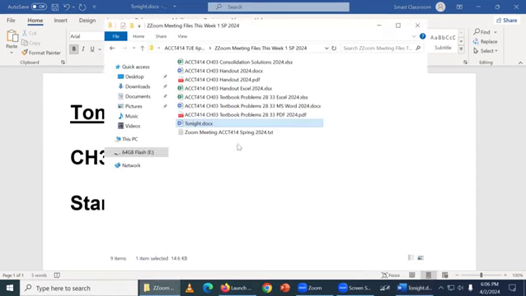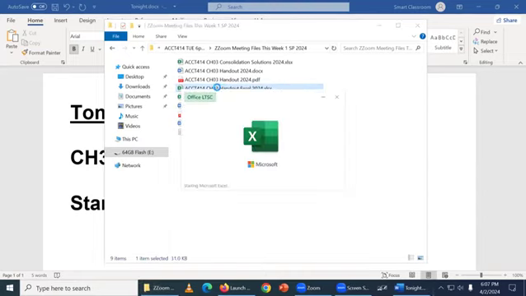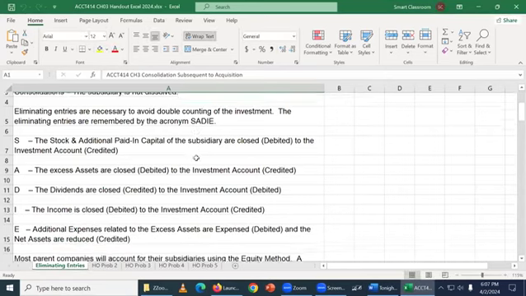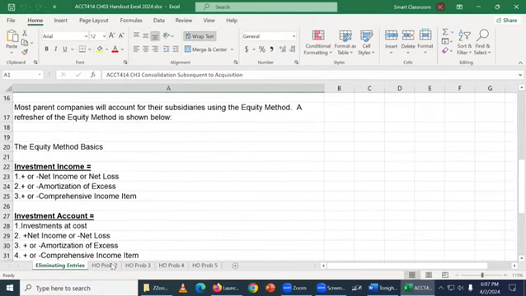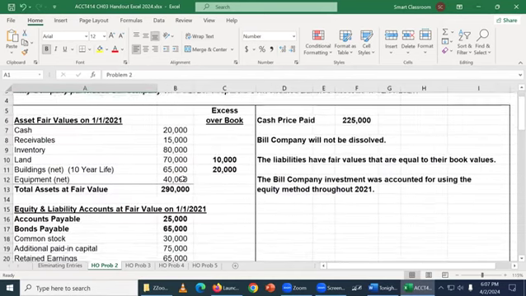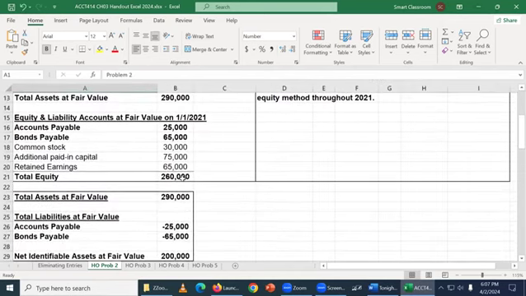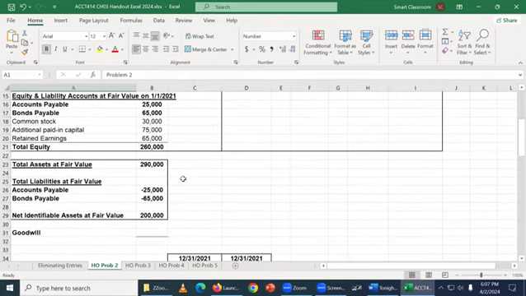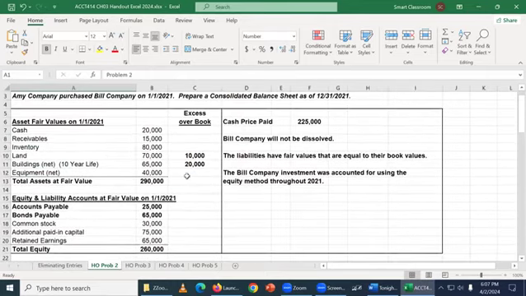Okay, so let's go into the chapter 3 handout.